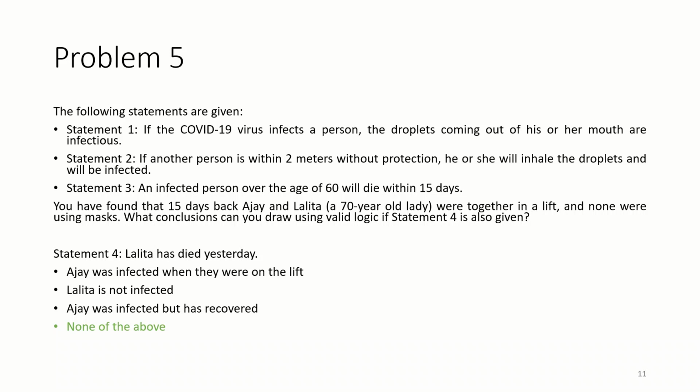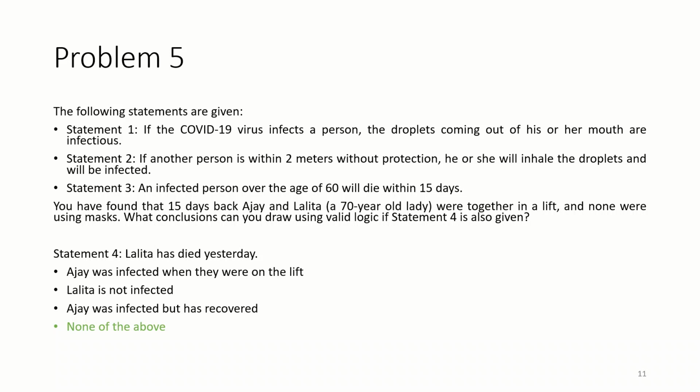That is true. But here none of the above is the answer because Lalita has died yesterday. In deductive logic, the opposite way is not possible. If B is there, meaning Lalita has died, you are saying that A is there, meaning Ajay was infected.